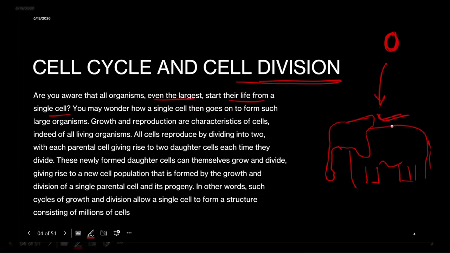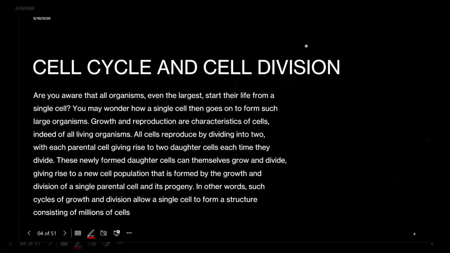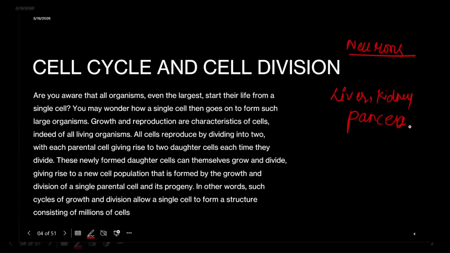But you know what? All the cells cannot divide. Okay. For example, some cells in our body, for example, neurons or nerve cells. These are permanent cells. They cannot divide. Okay. Some of the cells are stable, for example, liver, or we can say kidney. These organs are also made up of cells.